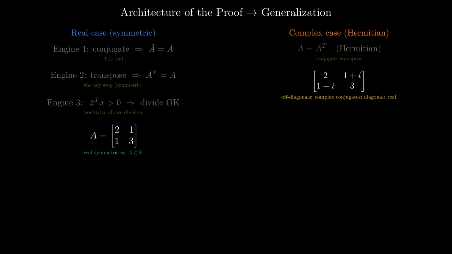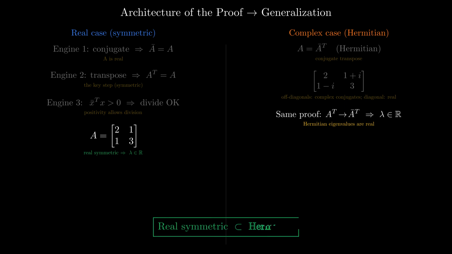The off-diagonal entries are complex conjugates of each other, and the diagonal entries are real. Now run the exact same proof, but with A bar transpose replacing A transpose throughout. The conclusion is identical. The eigenvalues are real. So real symmetric matrices are simply the real special case of Hermitian matrices, and as a bonus, both classes also have orthogonal eigenvectors.